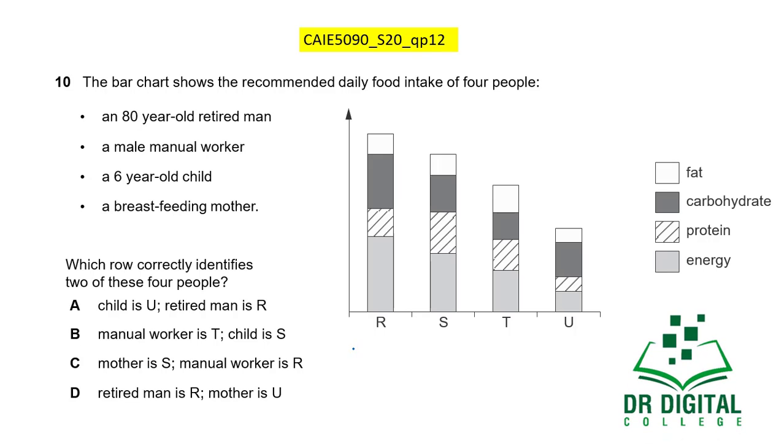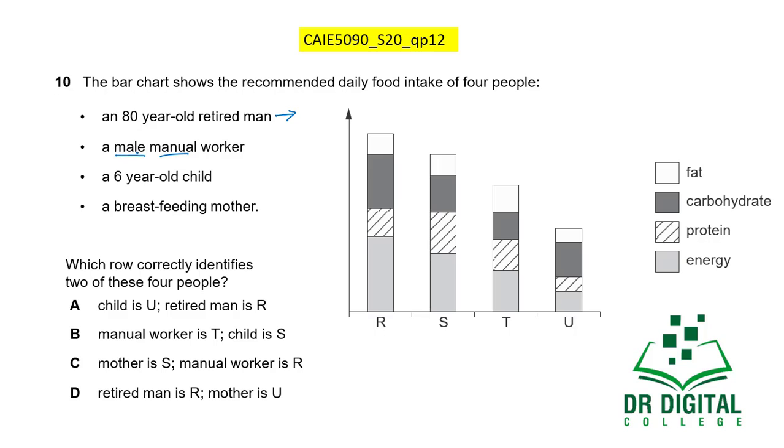In this question, the bar chart shows the recommended daily food intake of 4 people. An 80-year-old retired man. You know that a retired man will be mostly passive. He will not be a very active person. A male manual worker. 2 characteristics are there. This is a male and this is a manual worker.